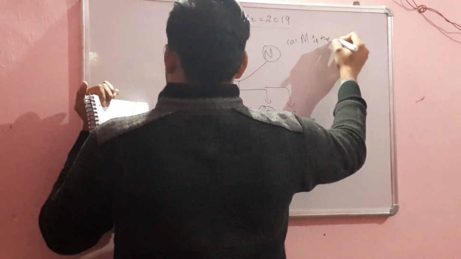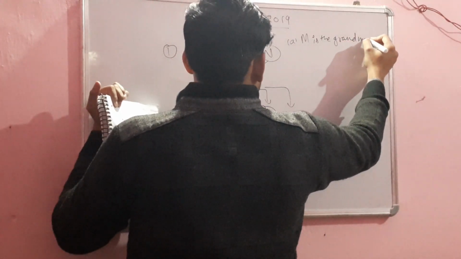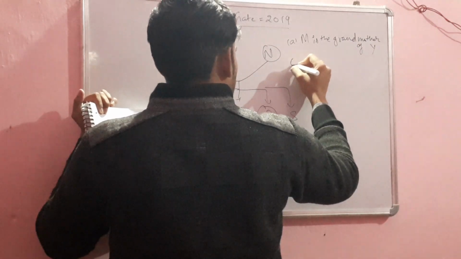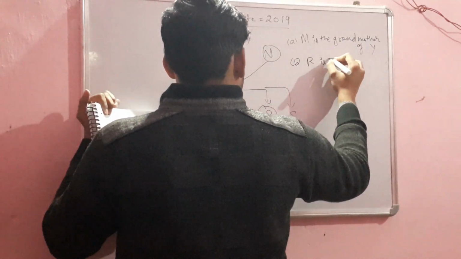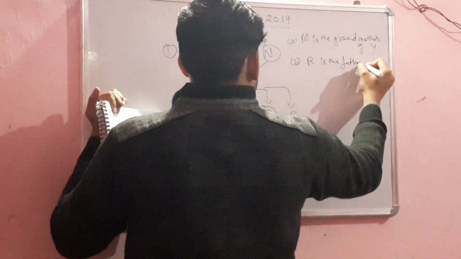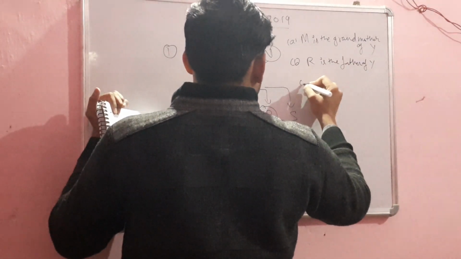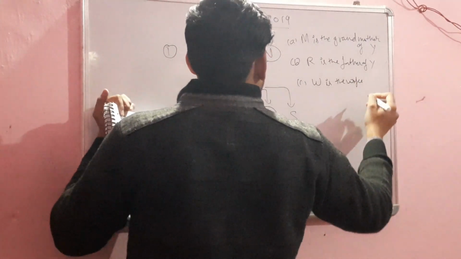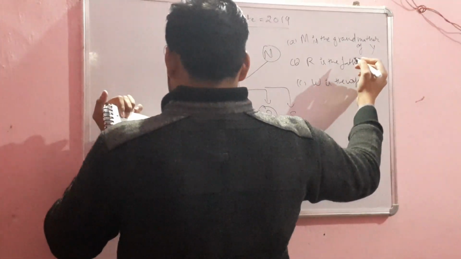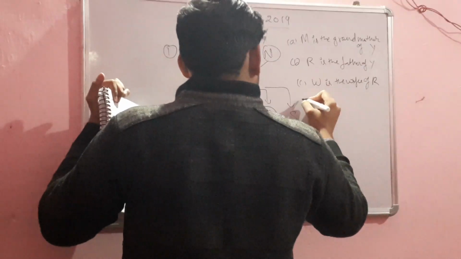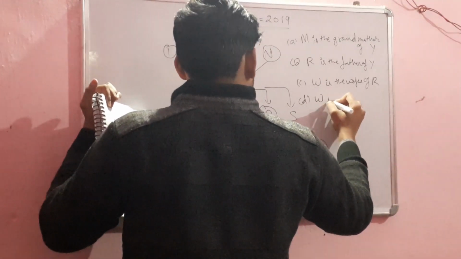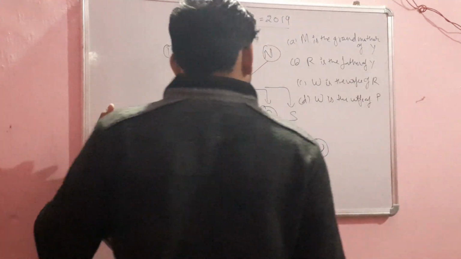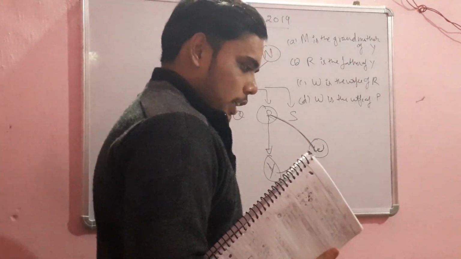A, M is the grandmother of Y. B, R is the father of Y. C, W is the wife of R. Okay, letters also have relations. Look here. D, W is the wife of P.